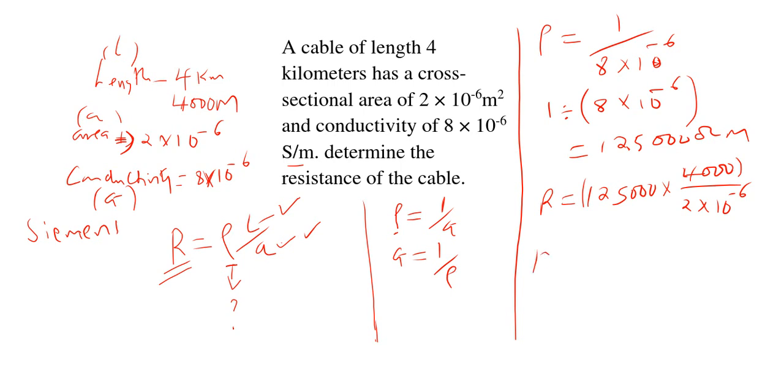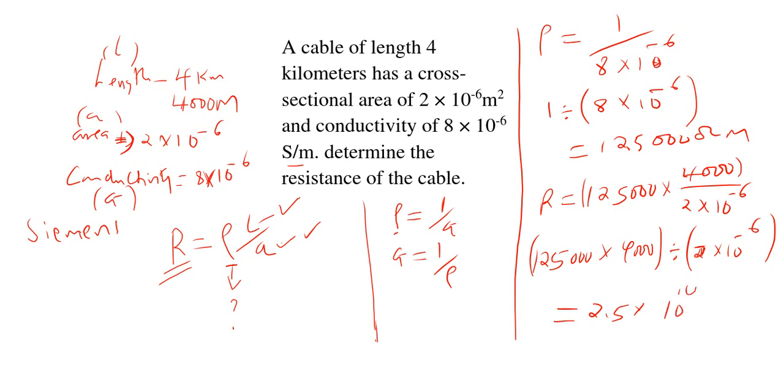You have to apply it in the calculator this way: you put this in brackets, you multiply by 4,000, and you divide by 2 times 10 power negative 6, because sometimes when you put it without the brackets you can mess it up. When you do that, this will give you 2.5 times 10 power 14, and this is in ohms.